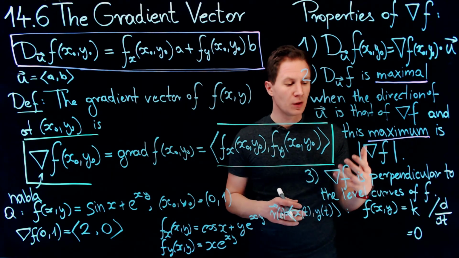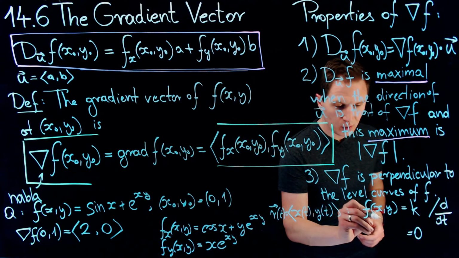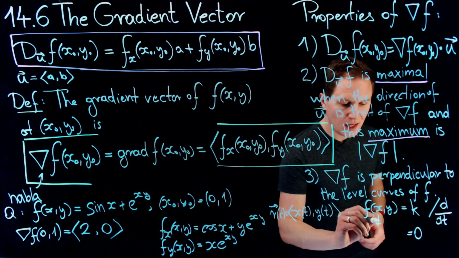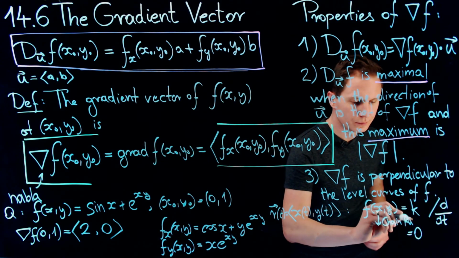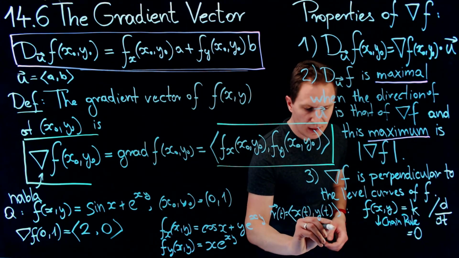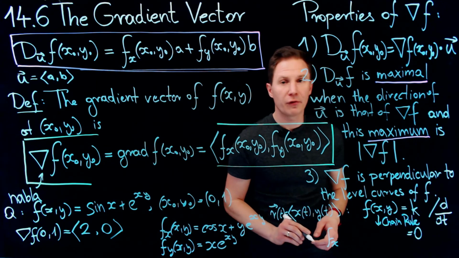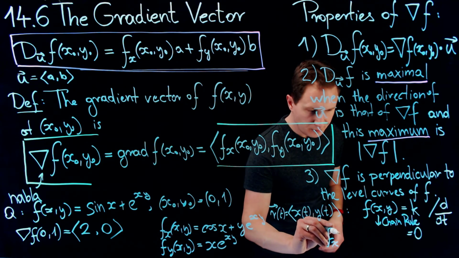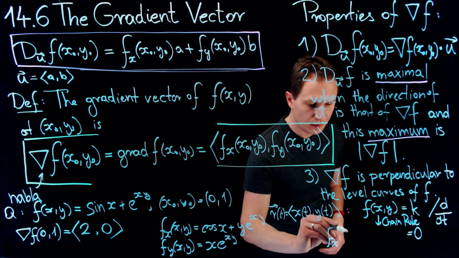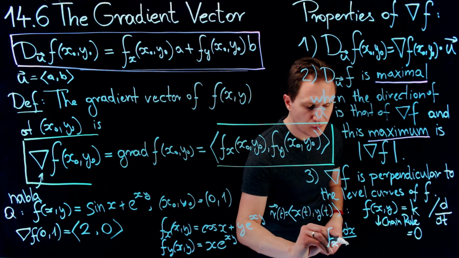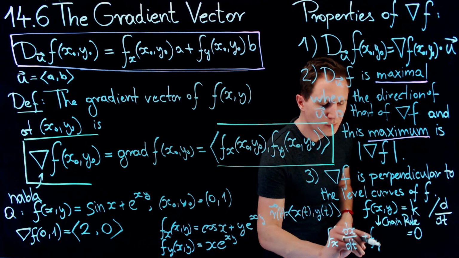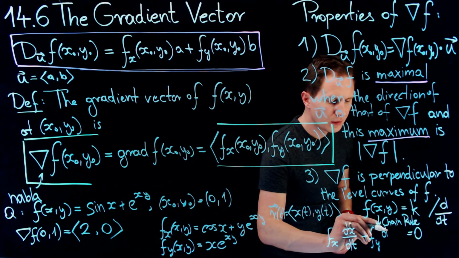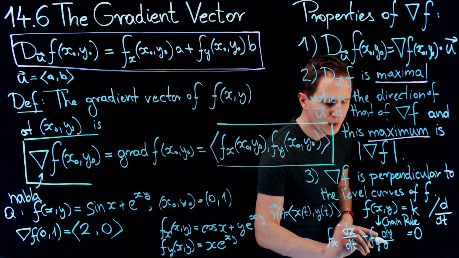So when we differentiate with respect to t, what we get using the chain rule is the partial derivative of f with respect to x times the derivative of x with respect to t plus the partial derivative of f with respect to y times the derivative of y with respect to t.